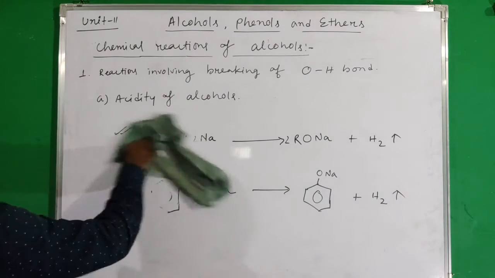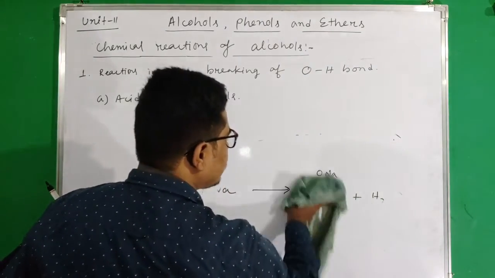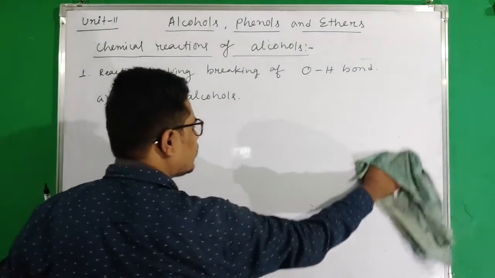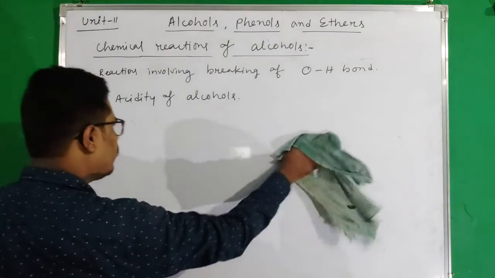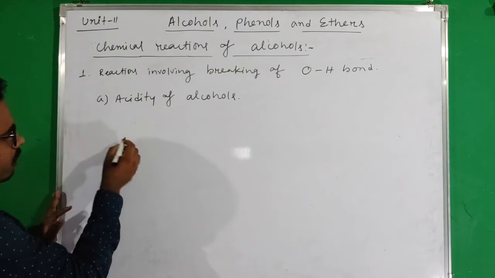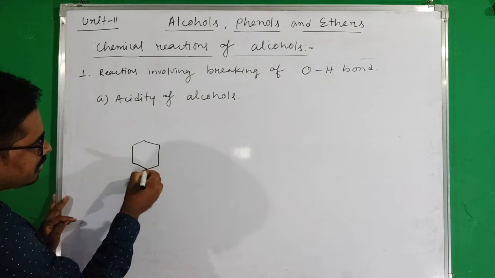So you have to always remember that phenol is more acidic than alcohol. Phenol is more acidic than alcohol, because when phenoxide ion is formed, this one is phenoxide ion.